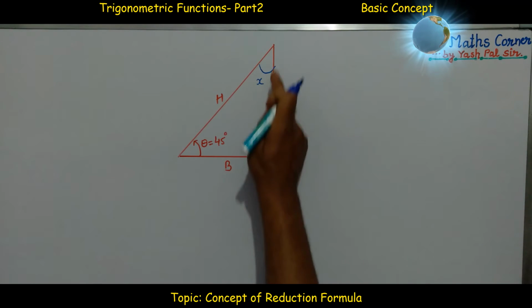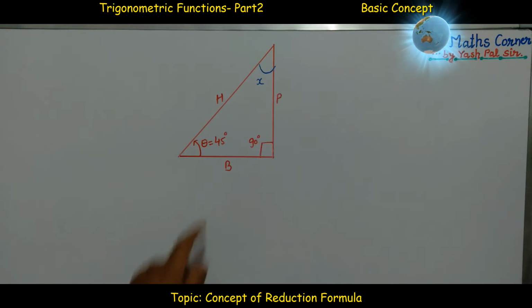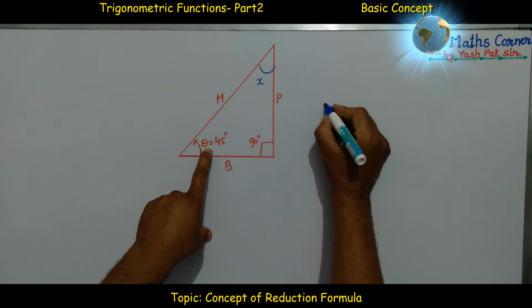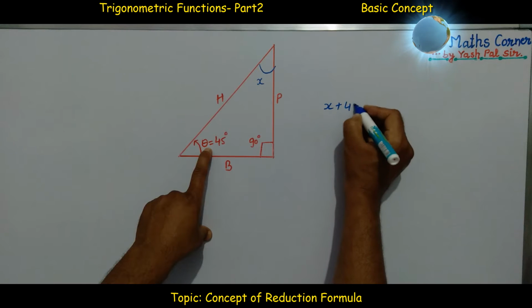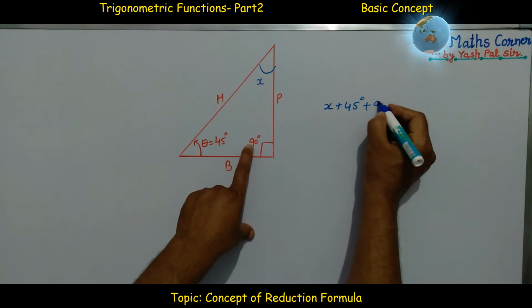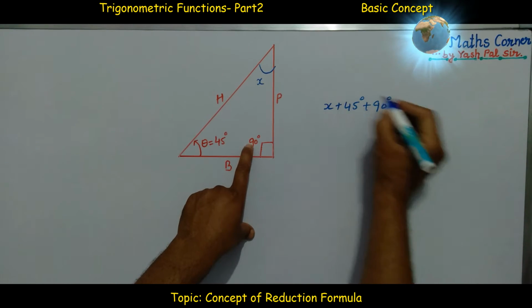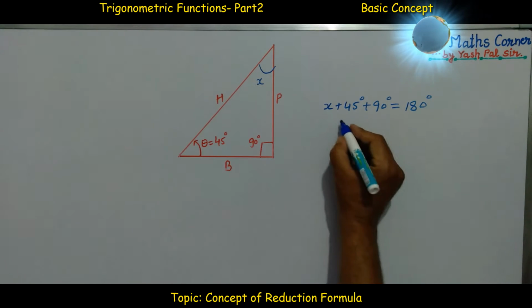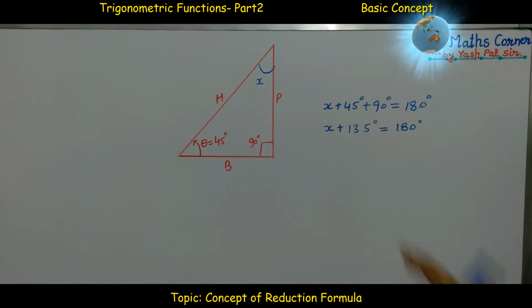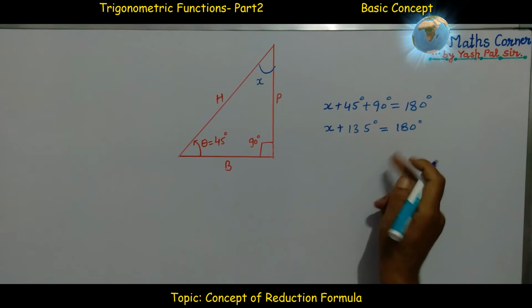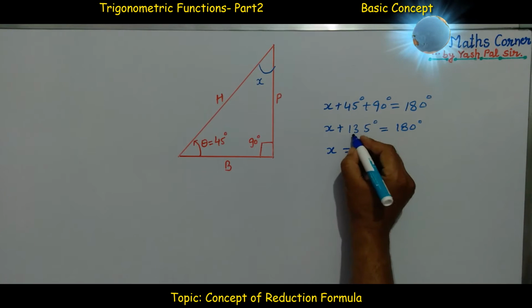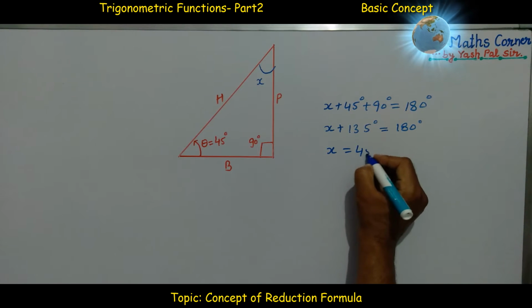Now what is the angle sum property of a triangle? x plus 45 degree plus 90 degree, the sum of all the angles of the triangle, is equal to 180 degree. So x plus 135 degree is equal to 180 degree. So x is equal to 180 minus 135, that is 45 degree.